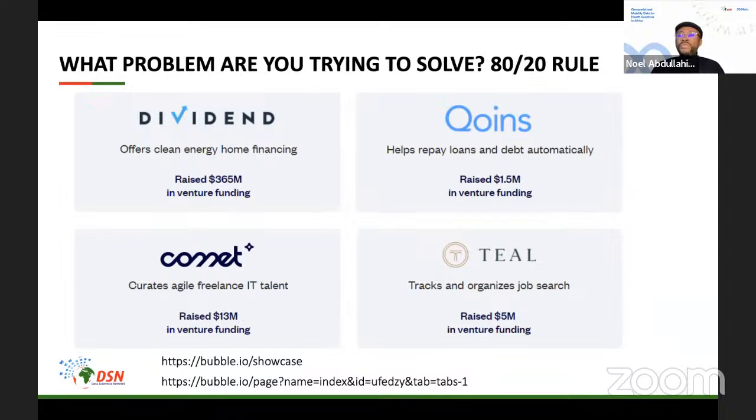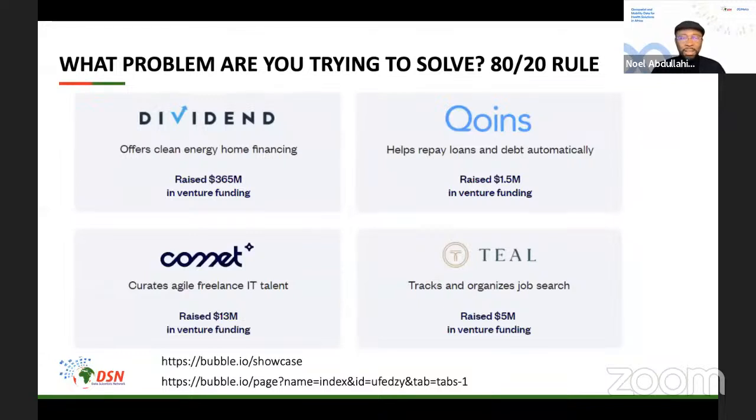I say that if you are able to clearly, in very simple terms, define the problem you are trying to solve, I think you have done close to 80% of the job. So most of the job is that ability to define the problem you're trying to solve.